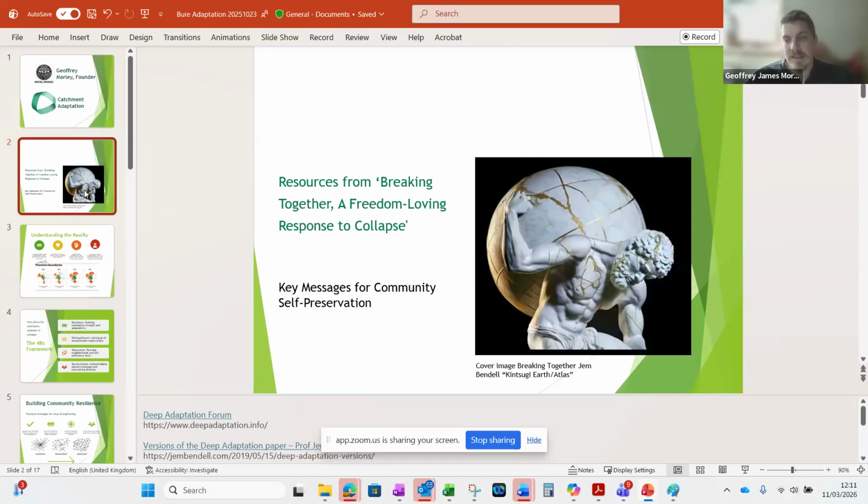What this essentially is, is the key messages, actions and outcomes of a couple of pieces of cross-disciplinary climate science and sociology, written by Professor Jem Bendell from Cumbria University, who wrote a book called Breaking Together, following on from a paper he wrote called Deep Adaptation.